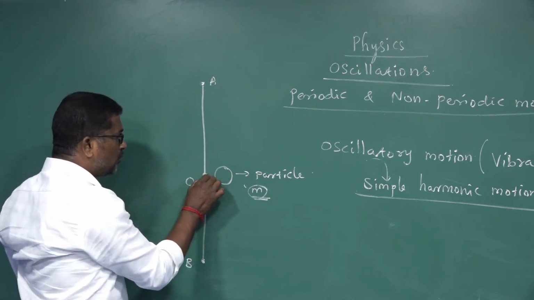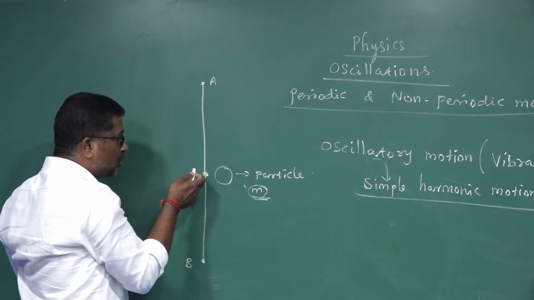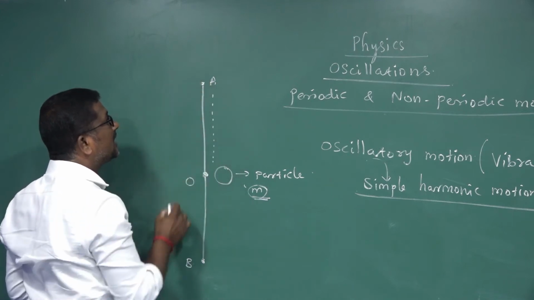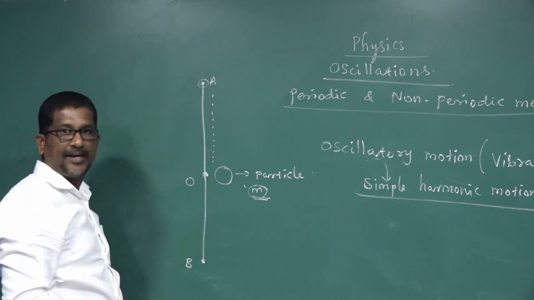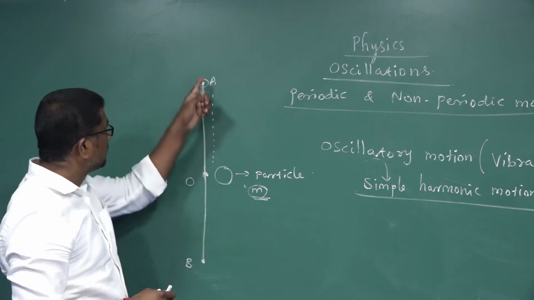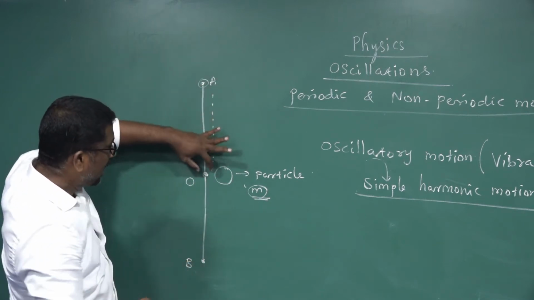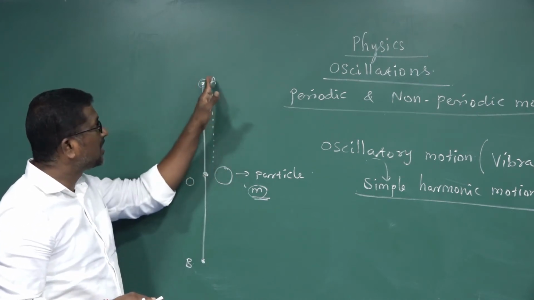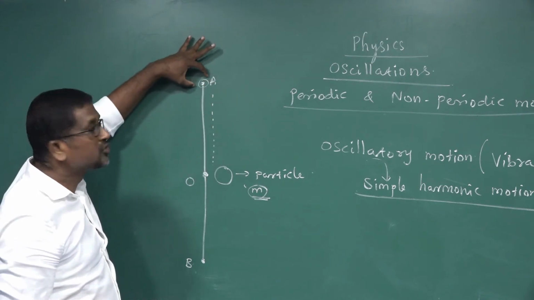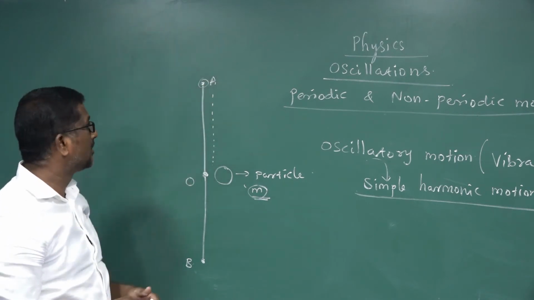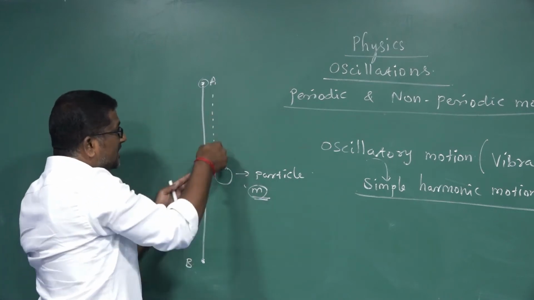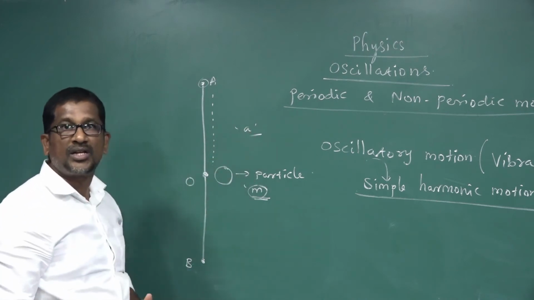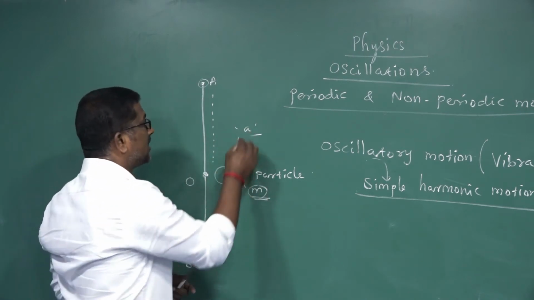If the particle moves from the origin O to A, the velocity of the particle gradually decreases and it becomes 0 at point A. The particle moves in between the points A and B about the fixed point O. If the velocity of the particle continuously changes during its motion, the particle accelerates.